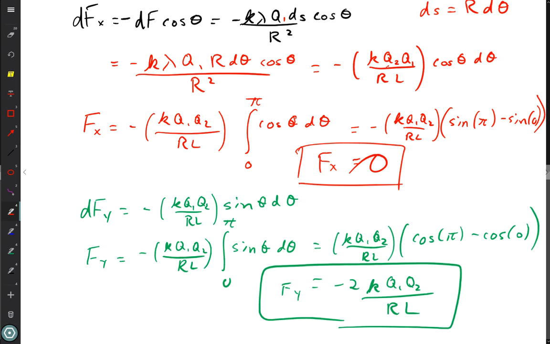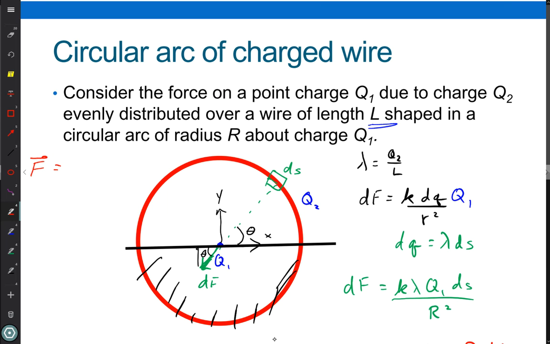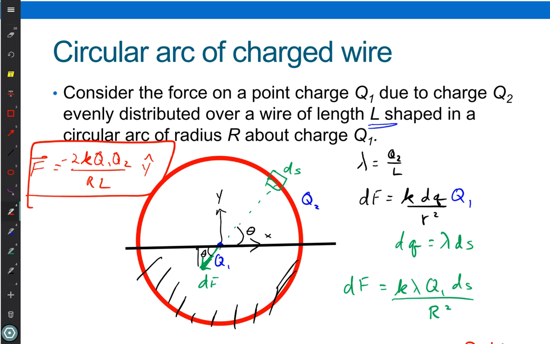So just minus 2k q1 q2 over RL in the y direction. So there's my answer. Now keep in mind that answer is not for the original question, that's for half a circle. For the whole circle, it would have come to 0.